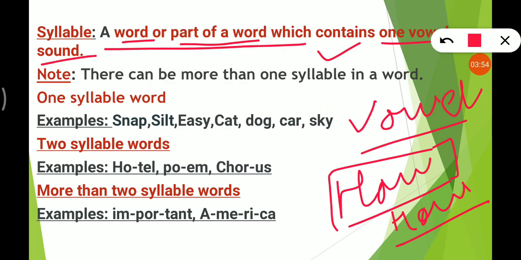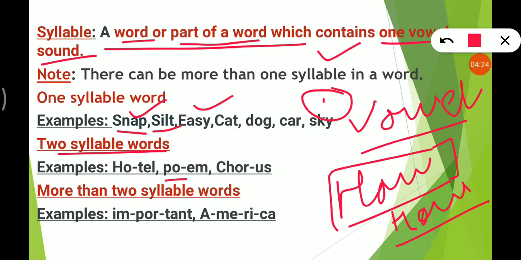For example, look here: snap, only one vowel sound, a. Silt, e, only one sound. Easy, only one sound. So these are one-syllable words. And two-syllable words: hotel, ho-tel, two sounds, o and e.